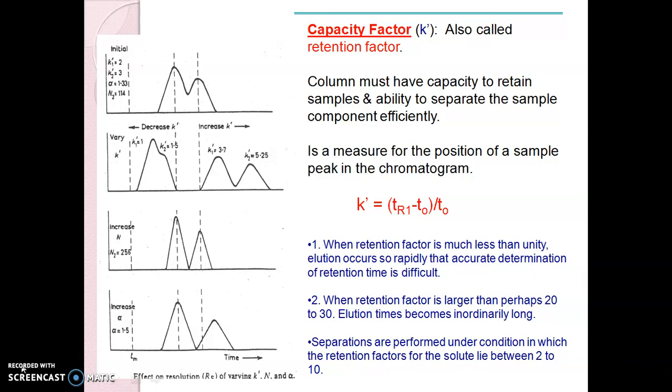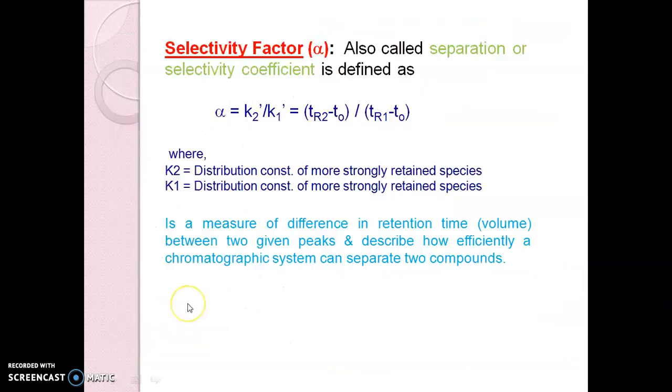It is measured from the position of the sample peak in the chromatogram. When the retention factor is less than unity, elution occurs too rapidly. When it is larger than perhaps 20 or 30, elution times become long. Separations are usually performed under conditions in which the retention factor of the solute lies between 2 and 10.